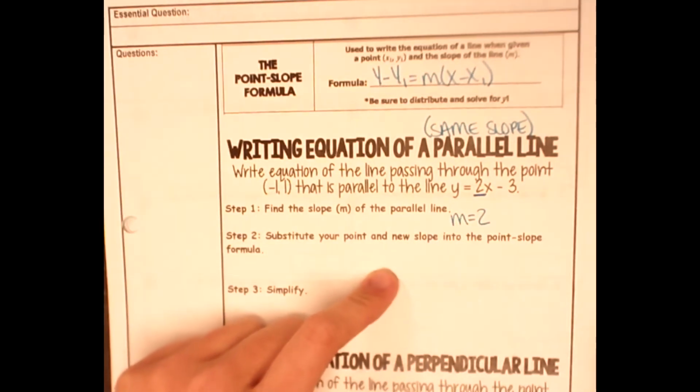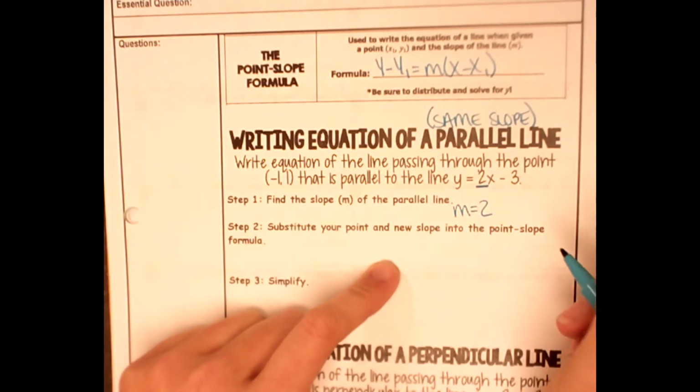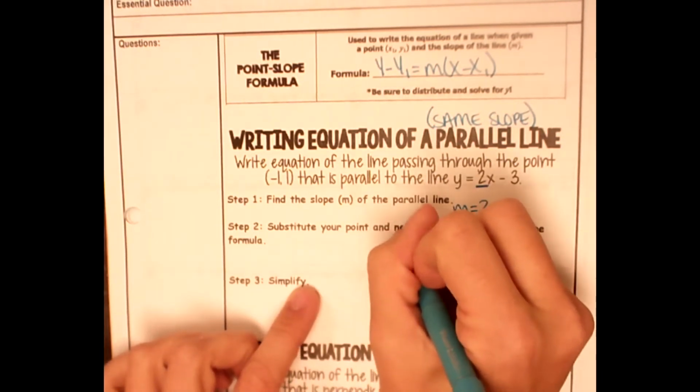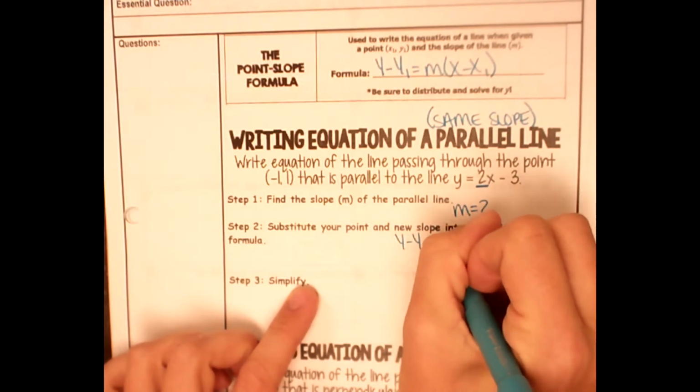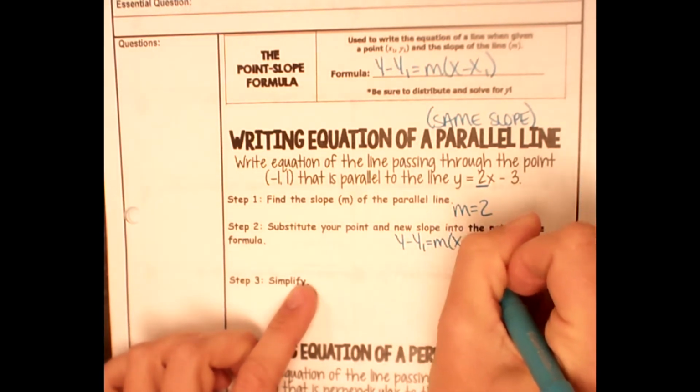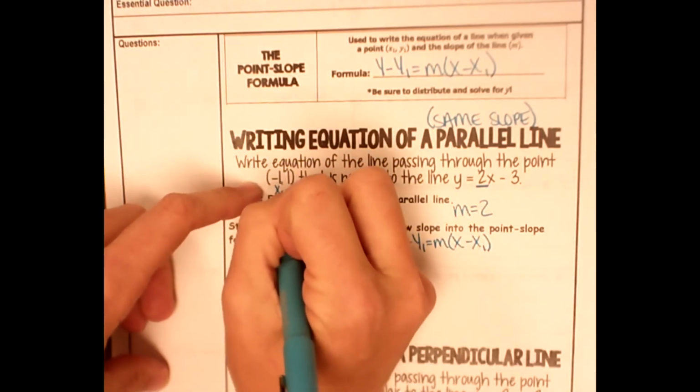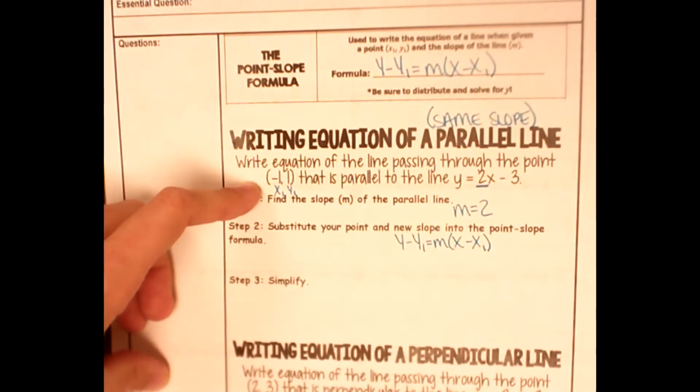Step 2, substitute your point and new slope into the point-slope formula. My formula is y minus y1 is equal to m times x minus x1. My point right here is my x1, y1. That's my given point.